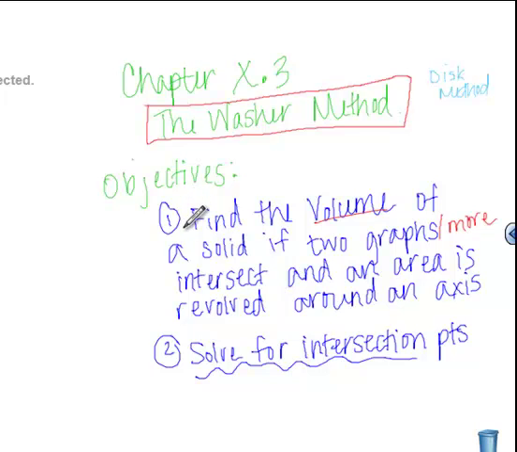So the objectives here are to find the volume of a solid if two or more graphs intersect in an area that is revolved around an axis. What we're going to be looking at is something like what we looked at today in class. Say you had two functions, one like this and one like this, that intersected each other.